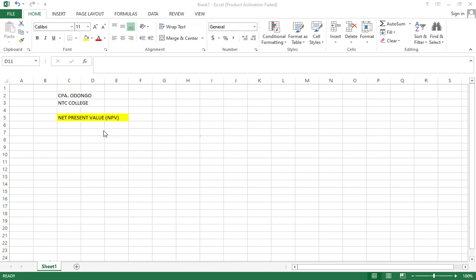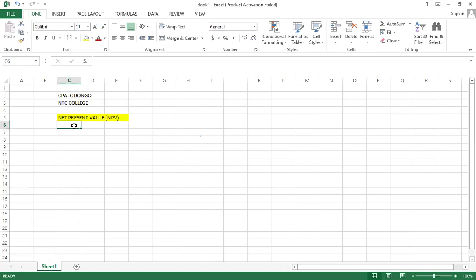So what are the future cash flows of this project, and what are their present values? Now total that, then minus from it what we call the initial what? The initial investment.